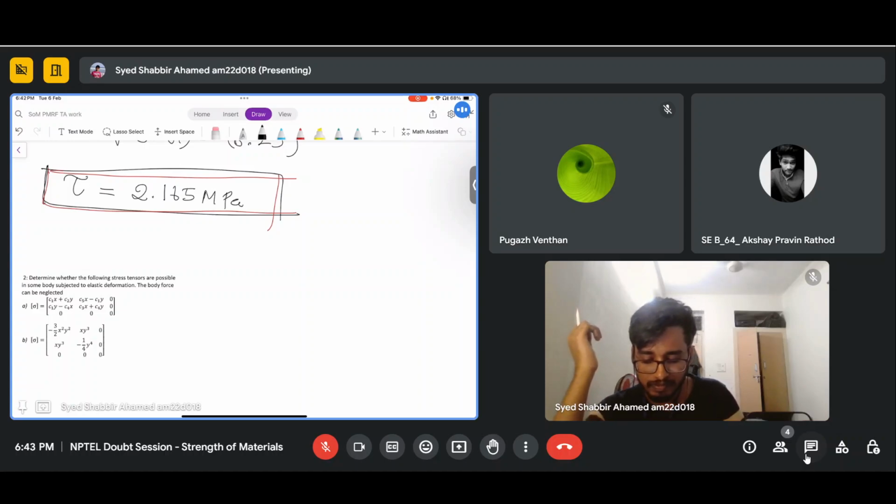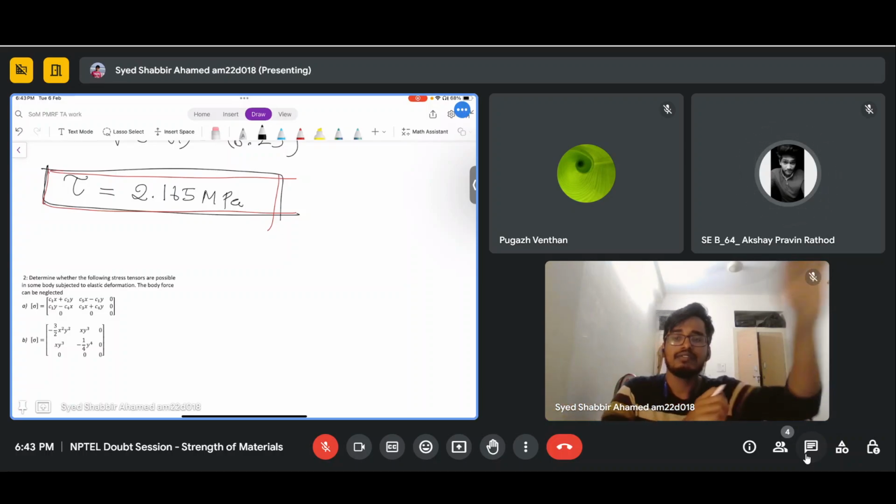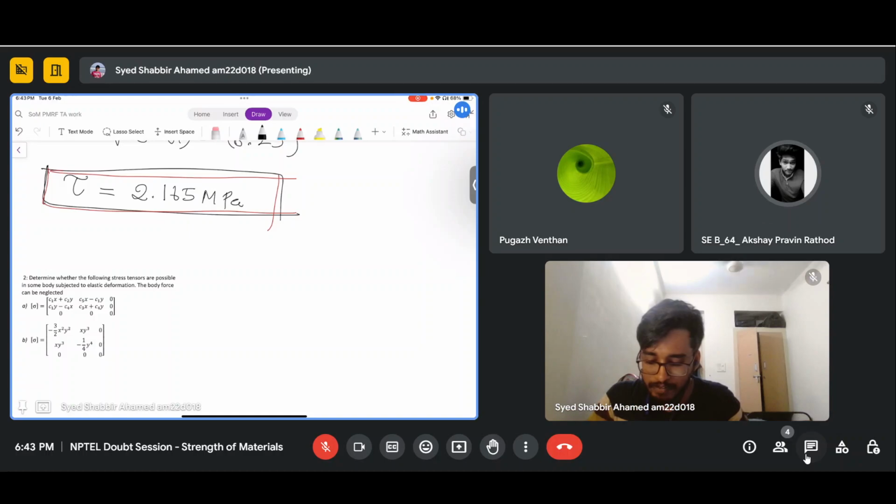Taking the stress at any point on the body, if you put the x and y coordinates, you will get the state of stress at that point. If they satisfy the equilibrium equations, these stress tensors are possible. If they don't, we can say they are not possible.